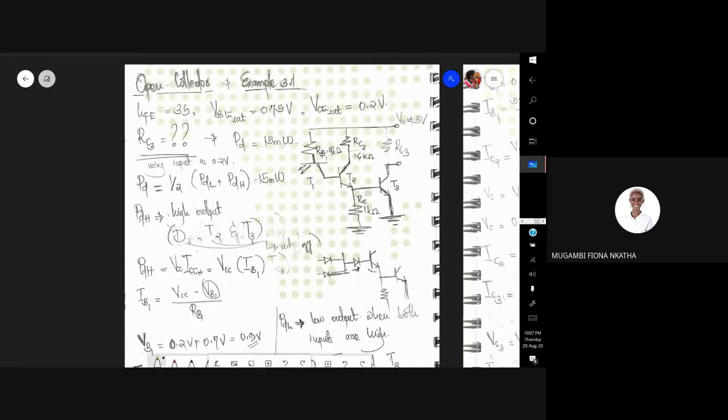But what is power dissipation? Power dissipation is the average of power dissipation for logic low output and high output.